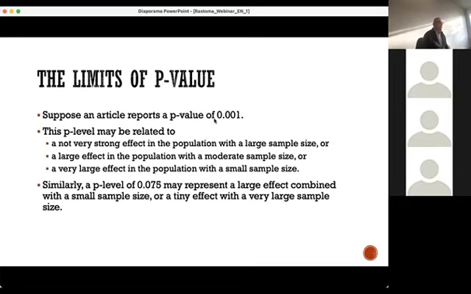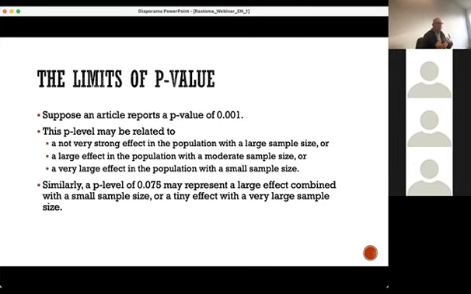This p-value may be related to a not very strong effect in the population but with a very large sample size, a large effect with a moderate sample size, or a very large effect with a small sample size. Then the p-value by itself does not tell you if the effect is strong or not.